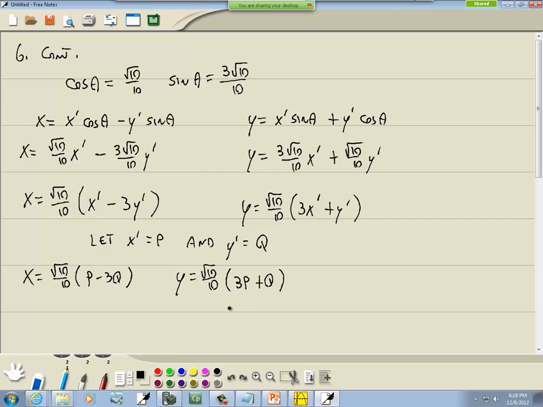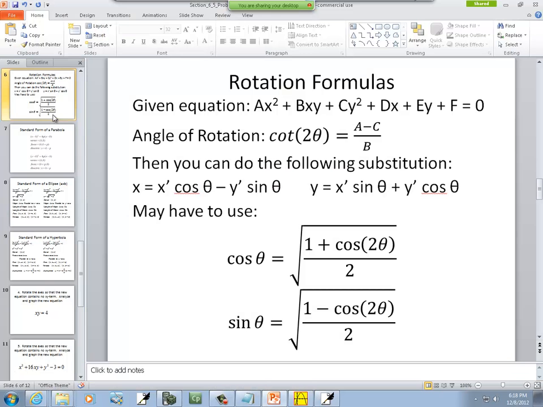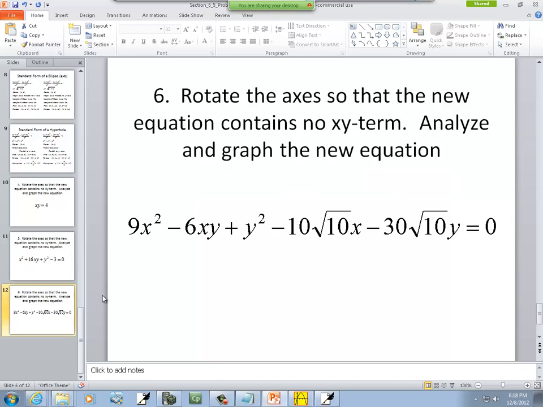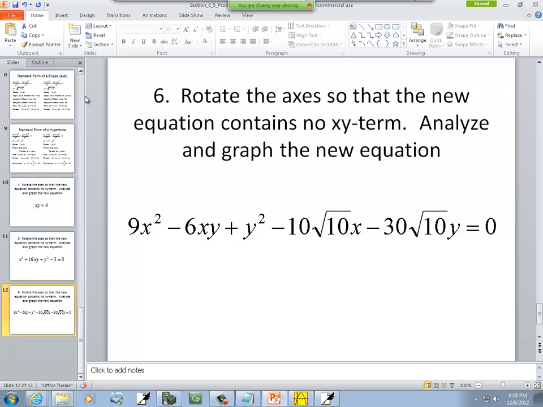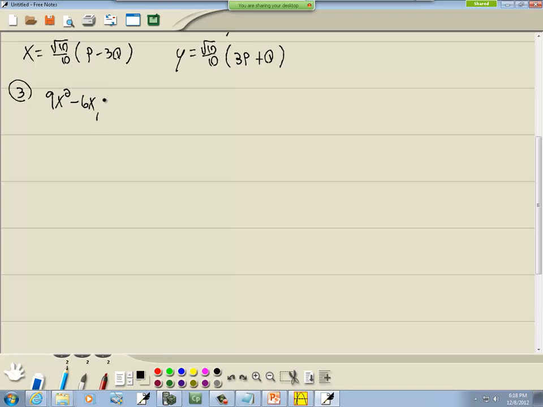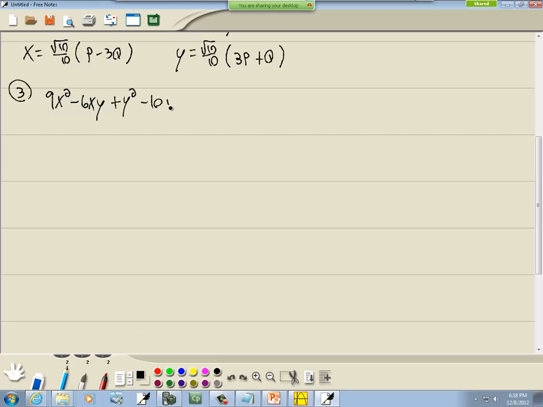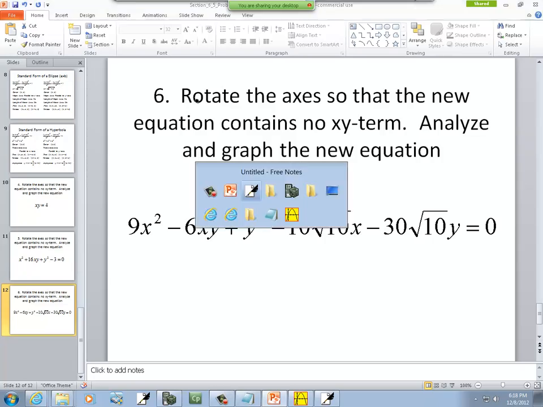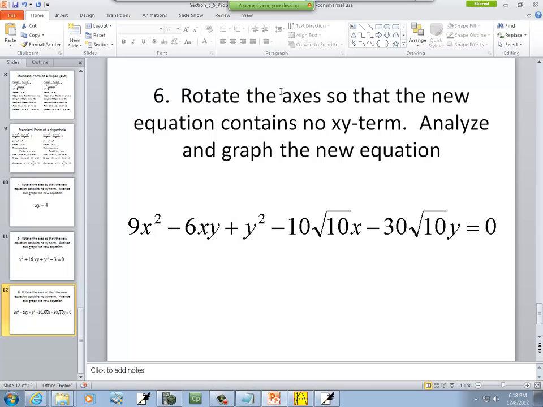Well, now we're ready to substitute that in. So our original problem was this: 9x squared minus 6xy plus y squared minus 10 square root of 10 x minus 30 square root of 10 y equals 0.